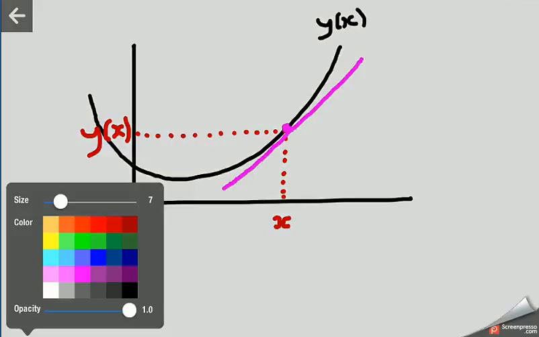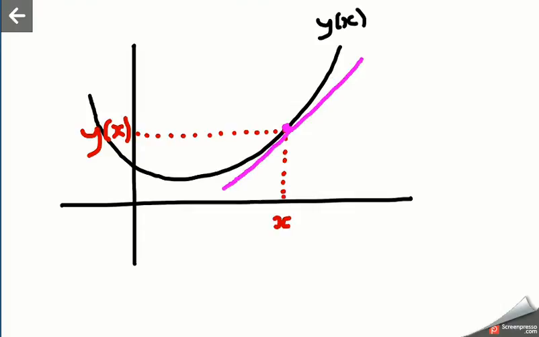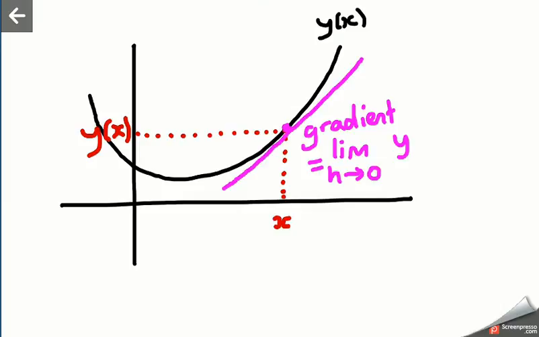Then, in that case, the gradient is equal to the limit as h tends towards 0 of y of x plus h minus y of x, divided by x plus h minus x, so divided by h.